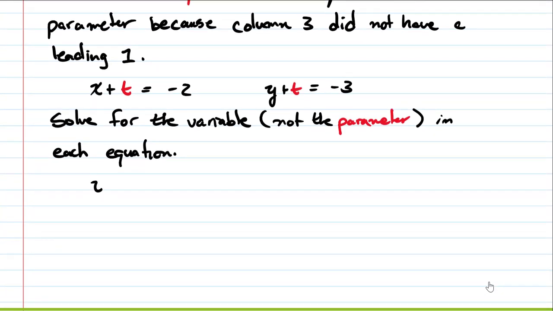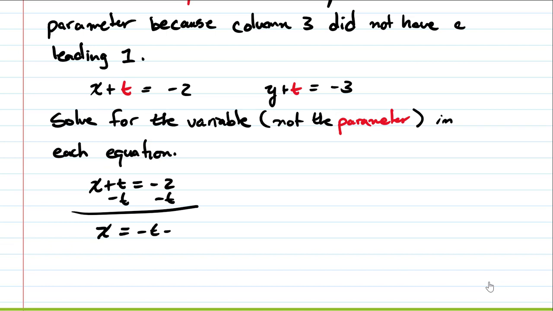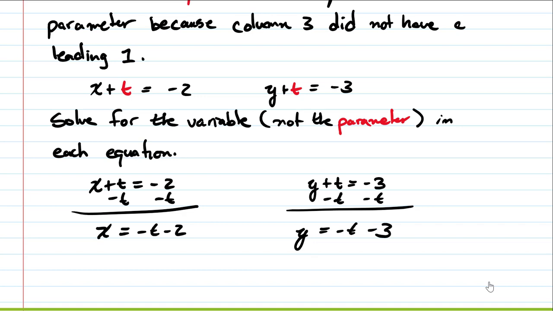So we need to solve this for x. So we minus t, and we get x equals -t minus 2. And then our other equation is y plus t equals -3. And we minus t, we get y equals -t minus 3.